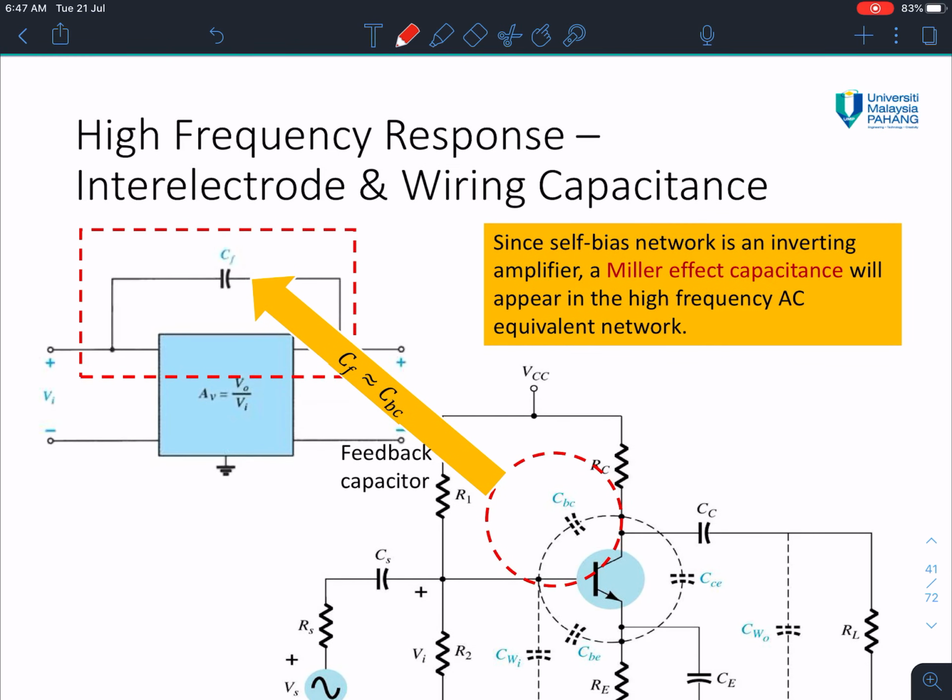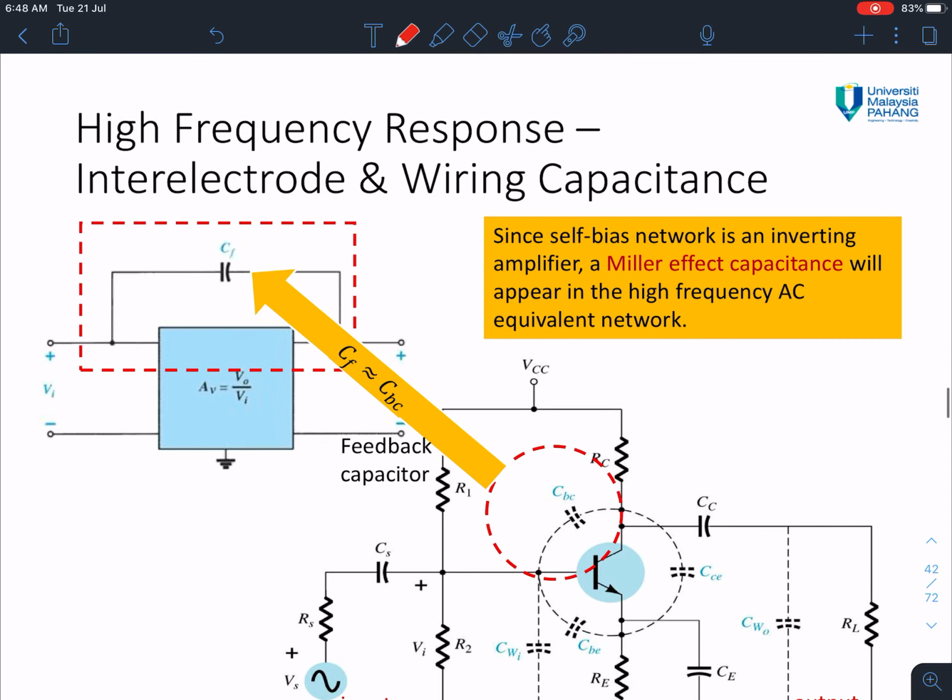Now, how does it look for the interelectrode and wiring capacitance? This is my voltage divider configuration. Physically we still have CS, CC and CE, but in AC they will be shorted here, here, and here.